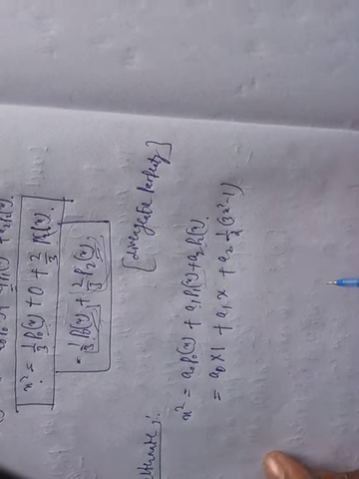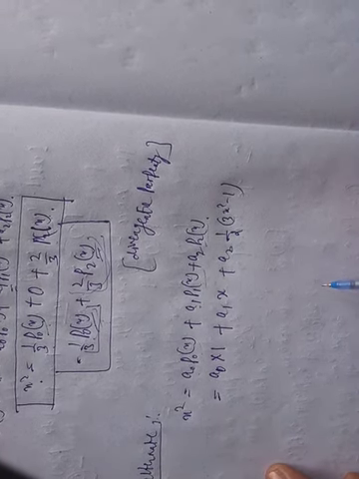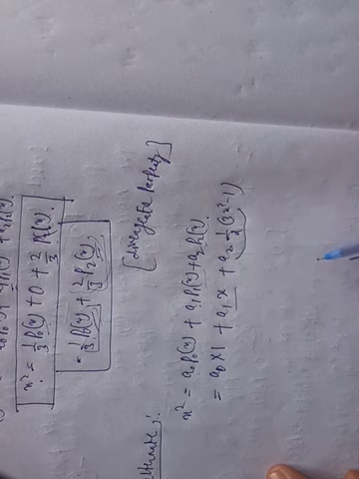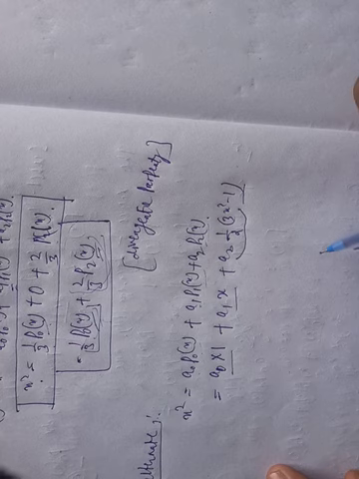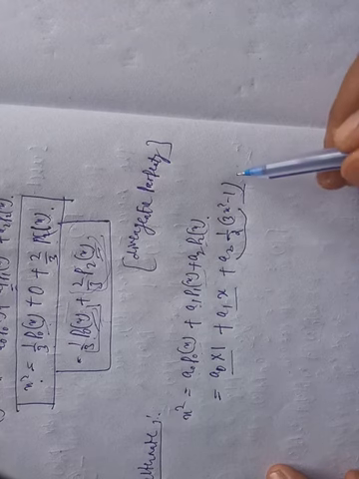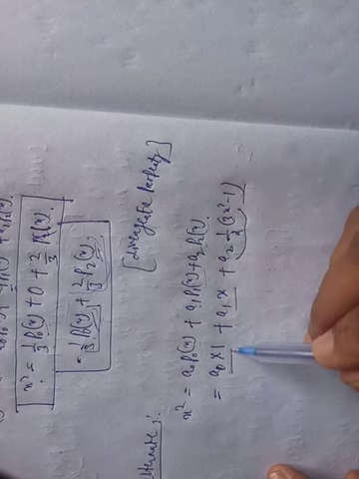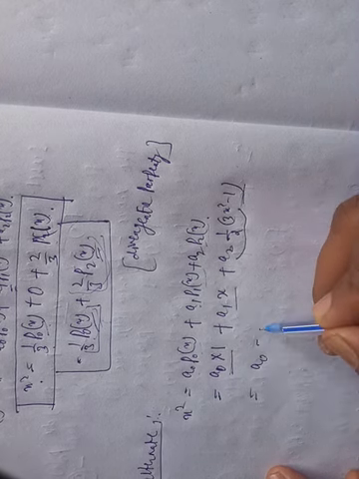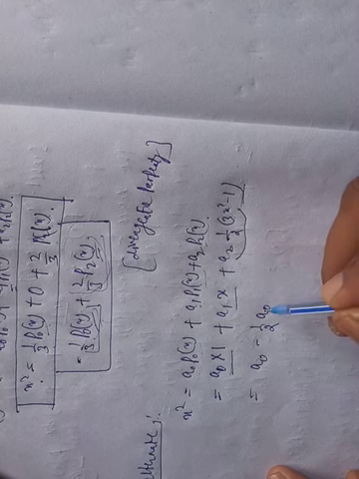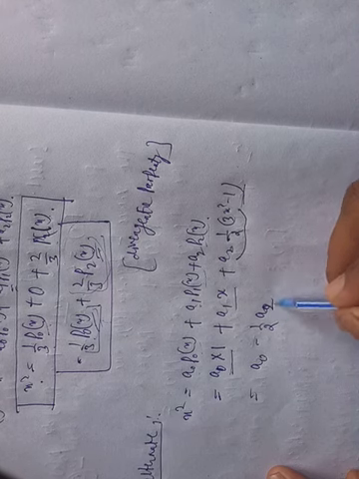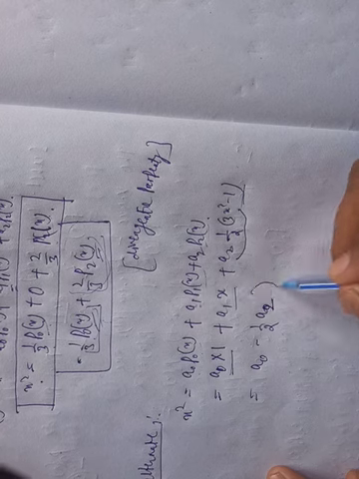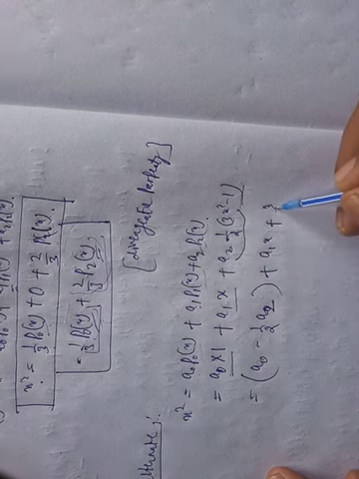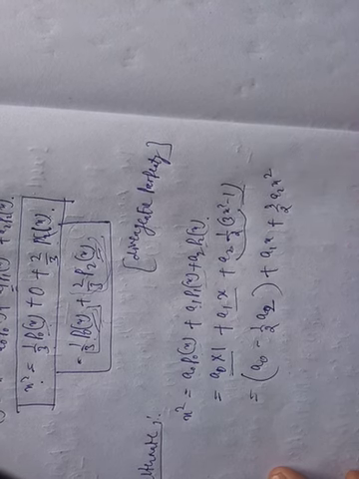When we simply see the expansion, we can see that the first term and this term contain x, and the other two terms are simple constant expressions. So we take this term and the last term together. We can write a0 minus half a2, and the remaining terms are a1x plus 3 by 2 a2 x square.